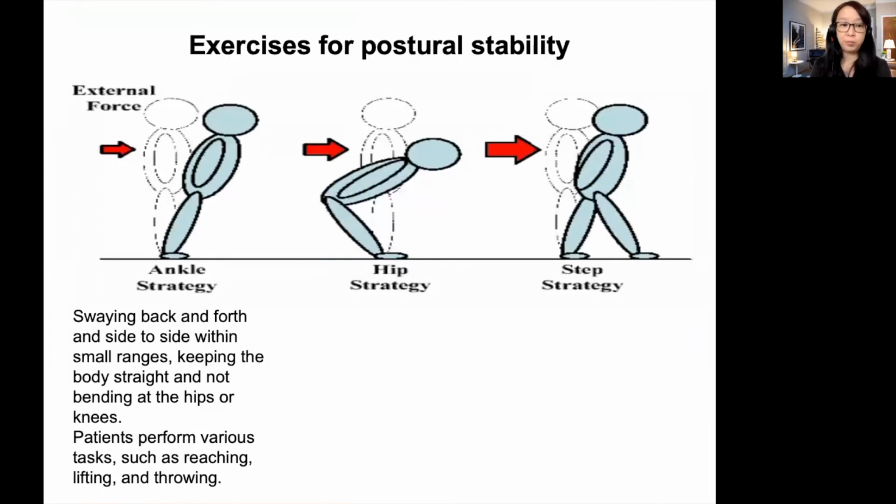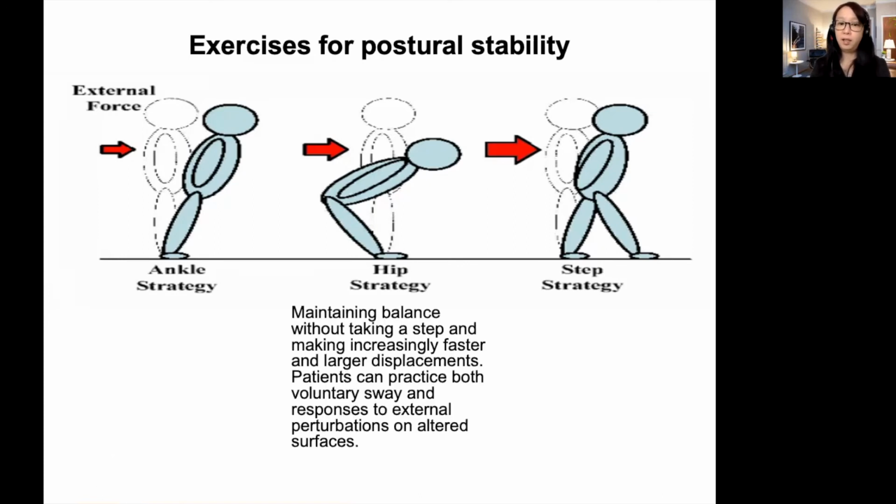Exercises which help ankle strategy: they can at home sway slightly, and make sure that the hips and the knees don't move, just at the ankle level. This will strengthen the ankles so that if somebody pushes them a bit, the ankles can push them back up again. Then hip strategy, there is maintaining our balance without taking a step, but at the hip level you move, so that you don't fall down.